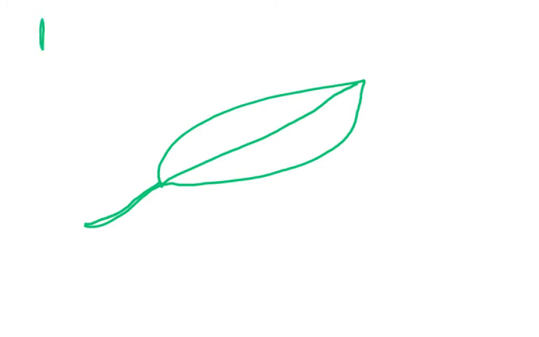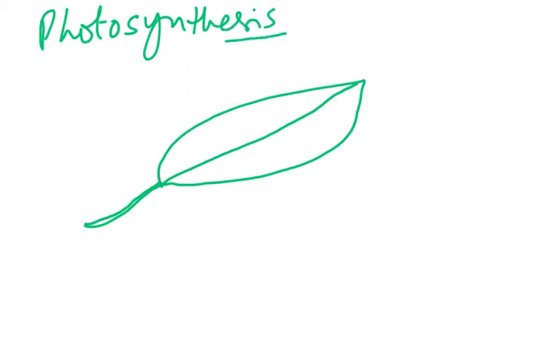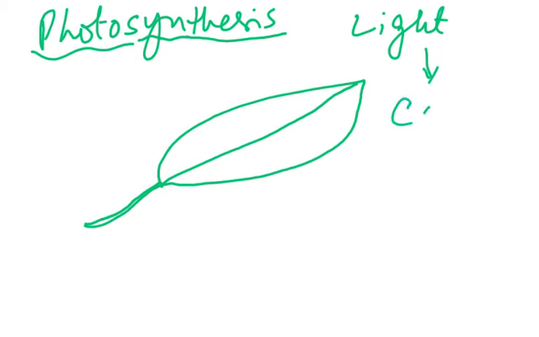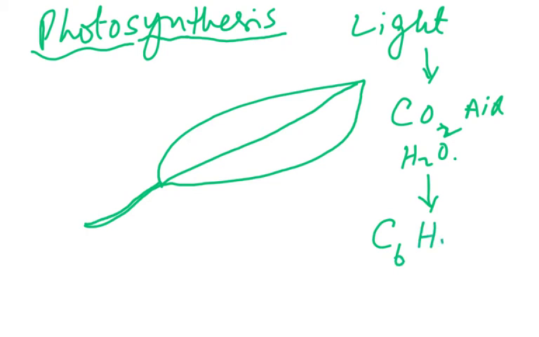Now, as we study photosynthesis, we come to a very general conclusion. What do you mean by photosynthesis? Photosynthesis means in the presence of light, what is happening? Carbon dioxide from the air and water are combining and forming a glucose molecule, C6H12O6.